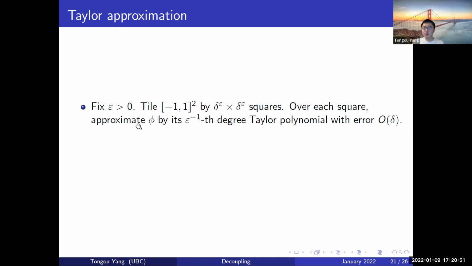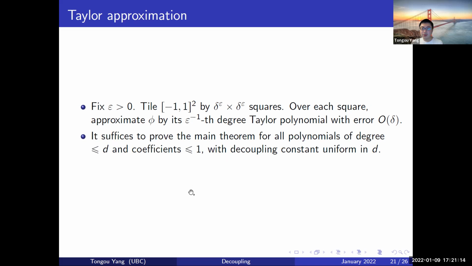Over each square, we approximate phi by its epsilon inverse degree Taylor polynomial with error of order big O of delta. Notice that this big O depends on the function itself, and on a lot of norms of its derivatives.